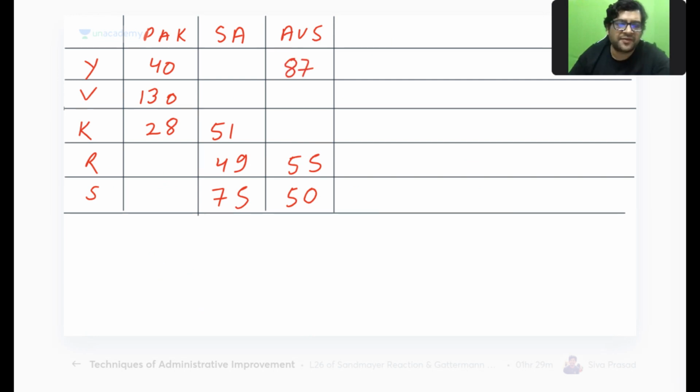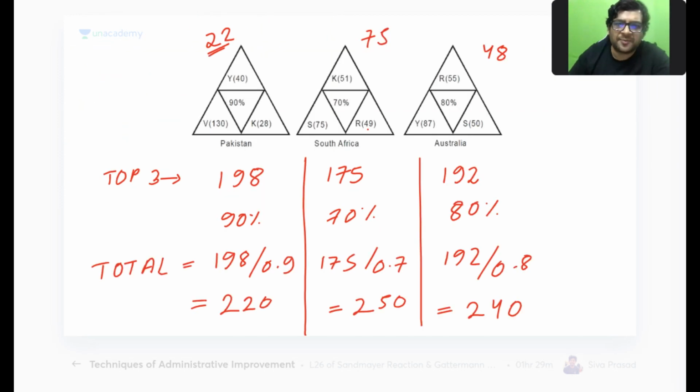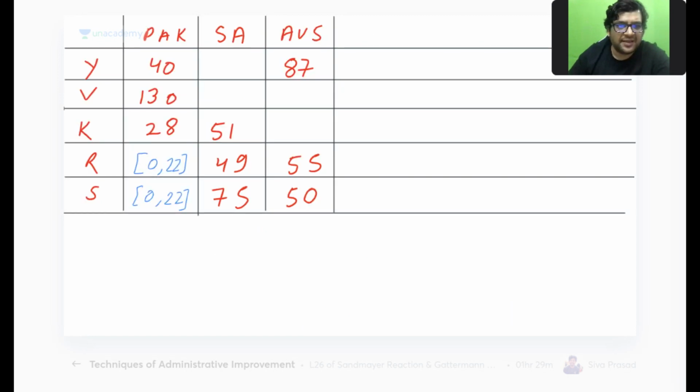Now there are some scores which are left. Can you give me any information about these missing scores? I know in Pakistan, all others combined have scored 22. That means the scores for these people will be between 0 and 22. Very similarly, for South Africa, all other players have scored 75. That means these scores will be between 0 and 75. But please note something very, very important.